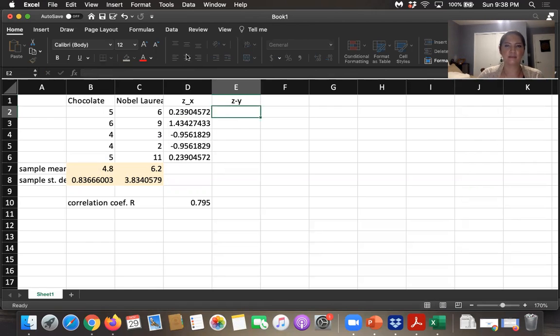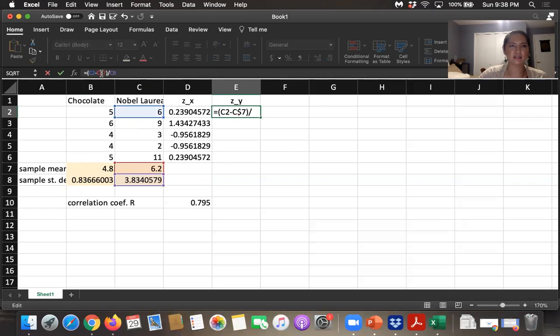Here I want the same thing, but I want the z-scores corresponding to my y values. So I will type equals, open parentheses, I want my y value. I want to subtract the sample mean for the y values, and I want to divide by the sample standard deviation for the y values. That's right. But then I want to go in and add a little dollar sign.